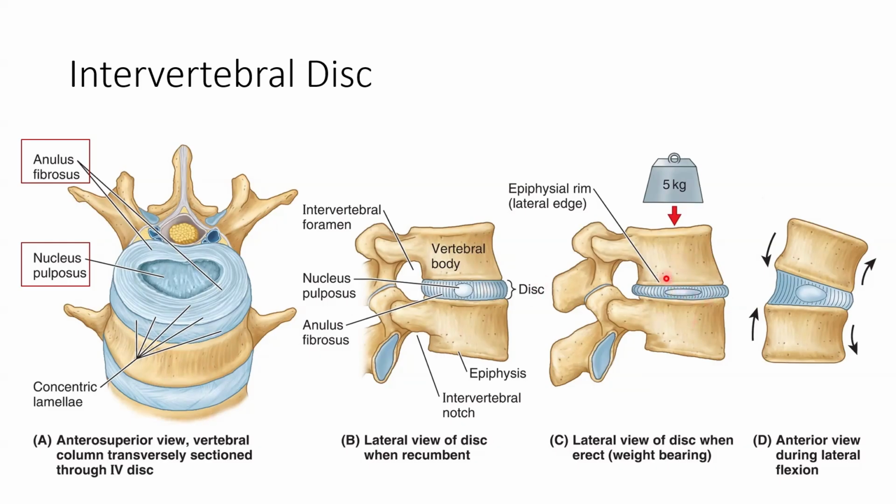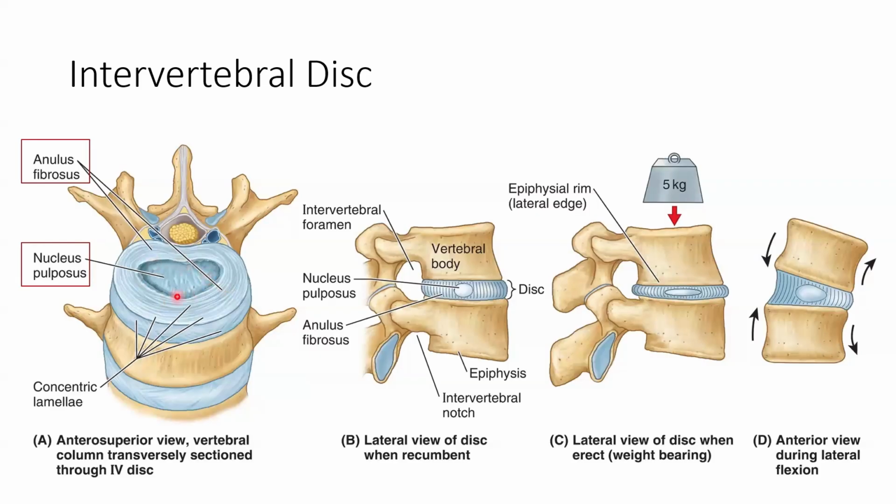The intervertebral disc, we get weight loaded through here. It's squishing on that intervertebral disc, helping to absorb shock, provide some flexibility. Again, outside annulus fibrosis. Annulus means it is circling around the outside. It's annular, circular. And it's fibrosis. It's more of a fibrous tissue.